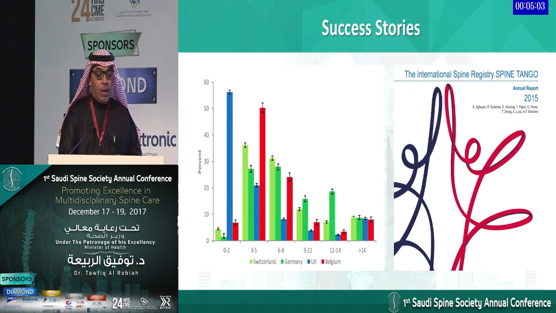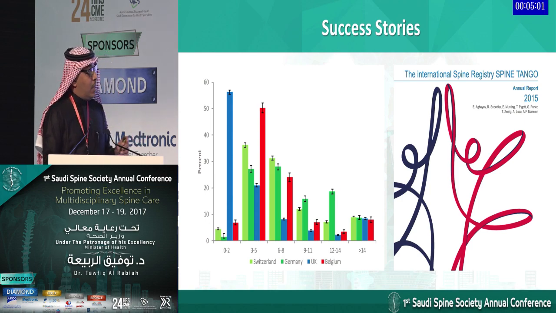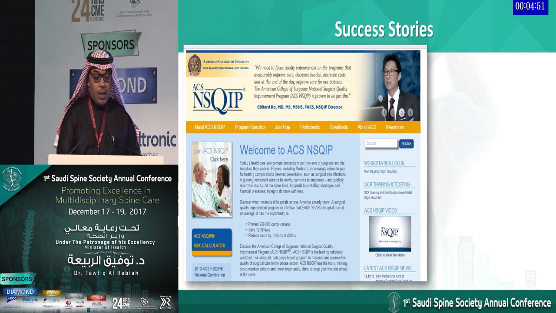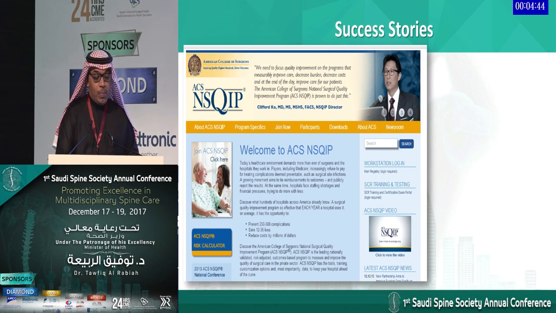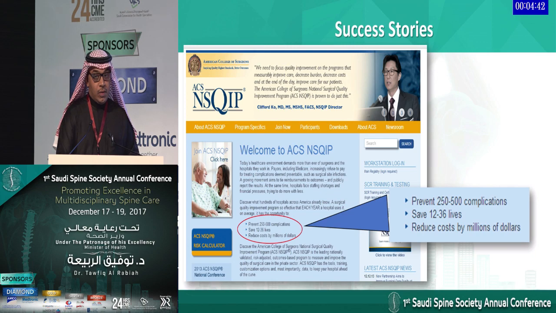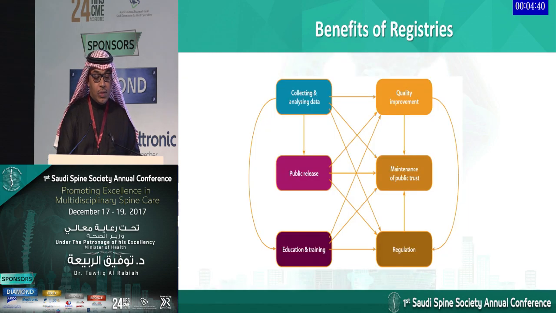And you can see here a very nice example from Eurospine, where you can see the differences in hospital and bed utilization between different countries, with the UK being the most efficient in utilization of resources. The National Surgical Quality Improvement Program, the NSQIP database, again showed great examples of success stories as well.